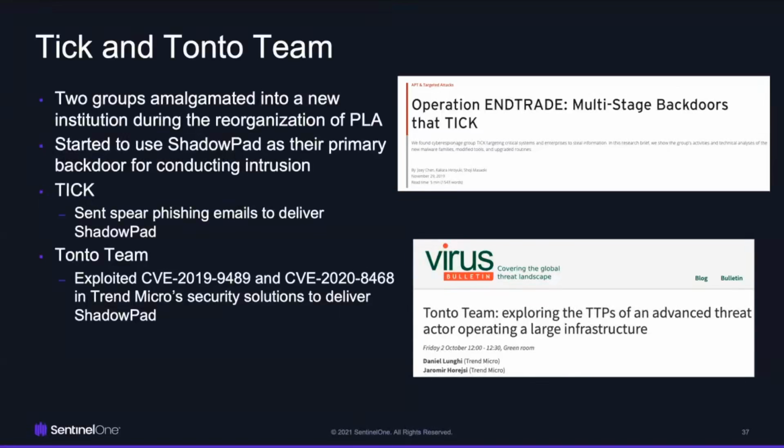In 2020, Tonto exploited CVE-2019-9489 and CVE-2020-8468 in Trend Micro security solutions that were exposed to the internet in order to deliver SHADOWPAD in the internal network for further exploitation. Based on the sample set we collected, Tick and Tonto used at least 5 different versions of SHADOWPAD. However, all of the samples only contain the basic set of plugins.